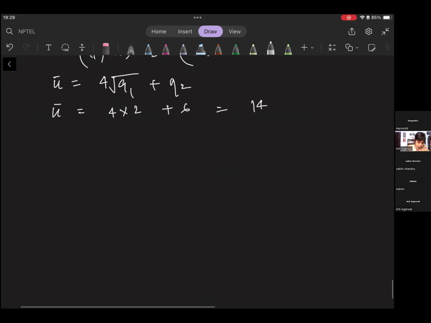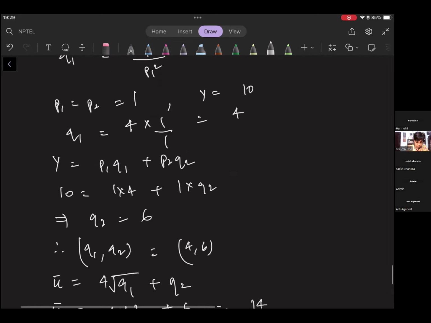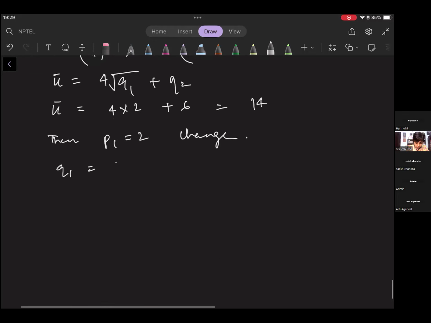Now let's talk about the next part. P1 is equal to 2, so we calculate the new values. We use the same demand function for Q1 that we got before, which was 4 P2 square by P1 square. P2 is still the same.